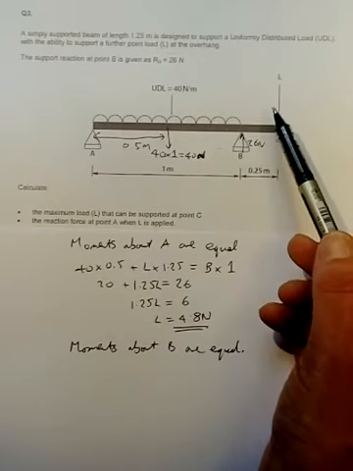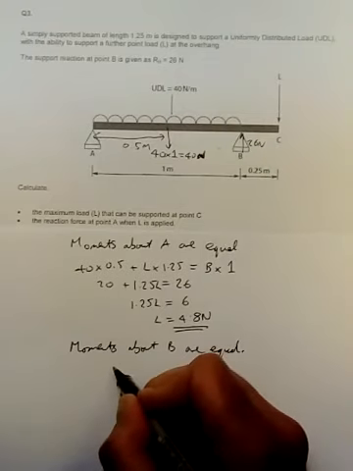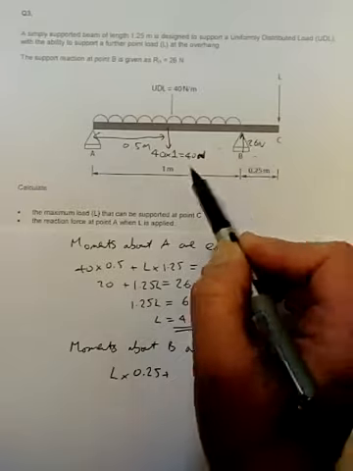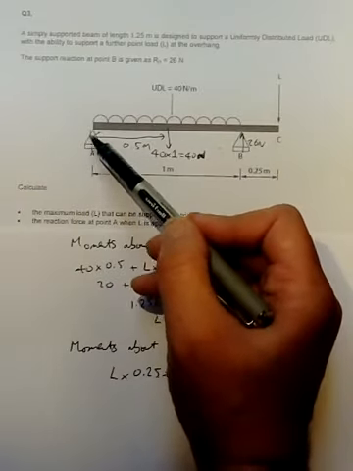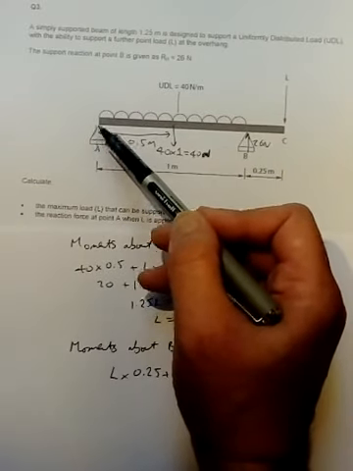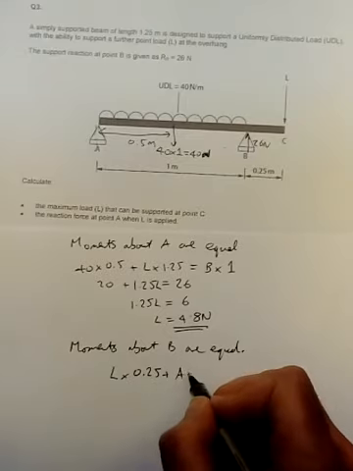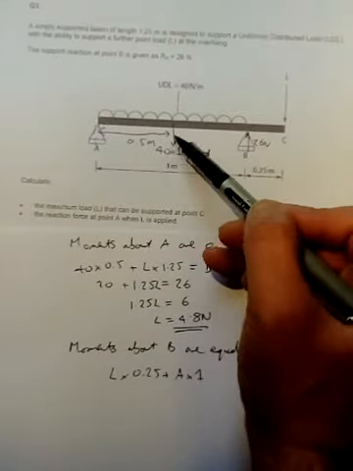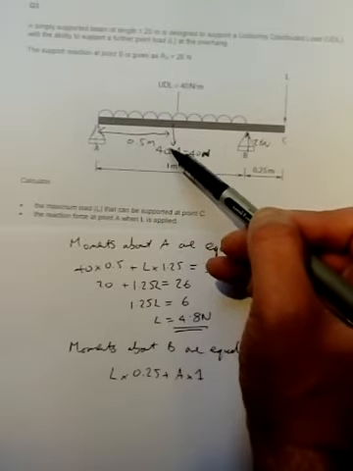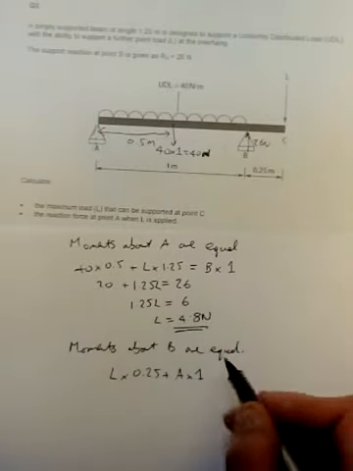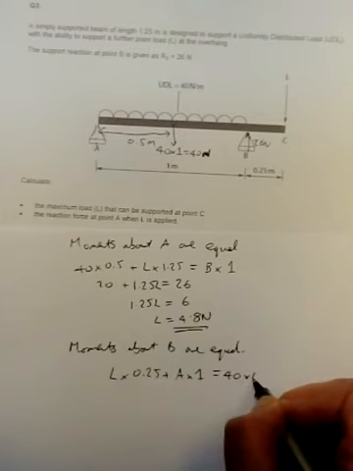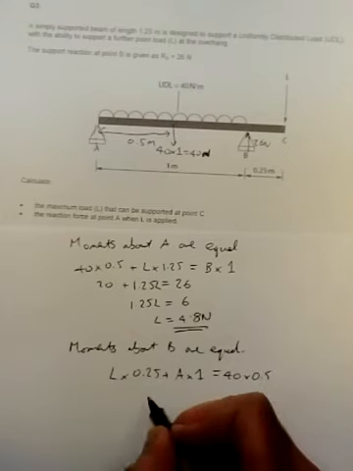Well, I've got a clockwise moment here, which is L times half a meter going clockwise. I've got this one here that's actually going to be going clockwise as well, and that's A times 1 meter. And then I've got an anti-clockwise moment here going in the opposite direction, making it turn in an opposite direction to the other two, and that's 40 newtons, the weight of the beam, times half a meter.